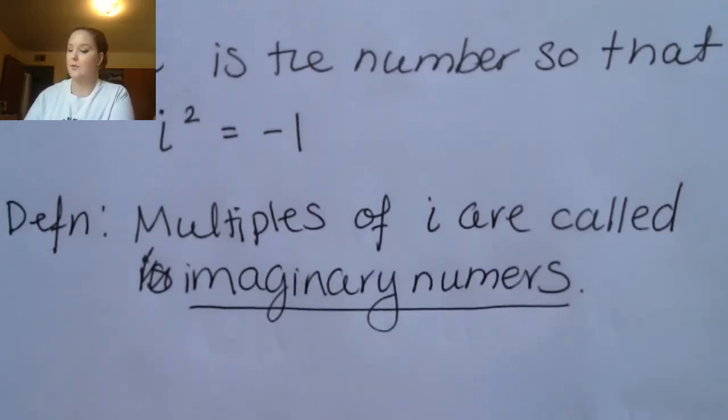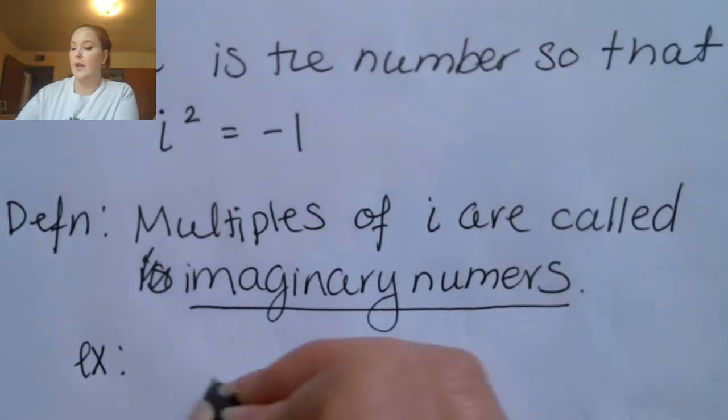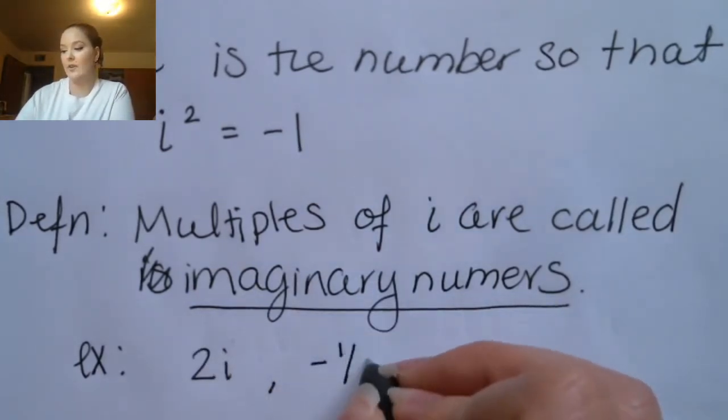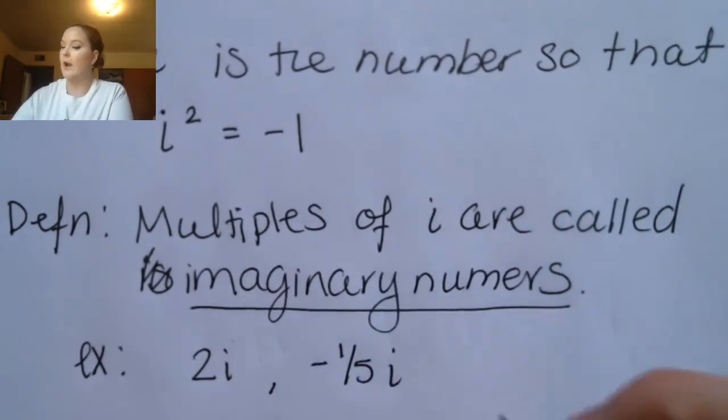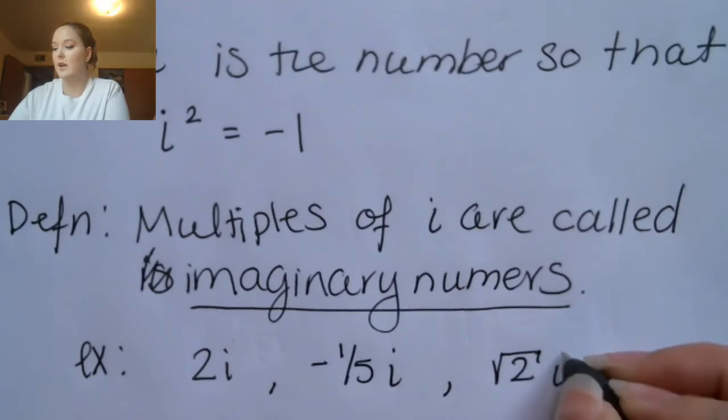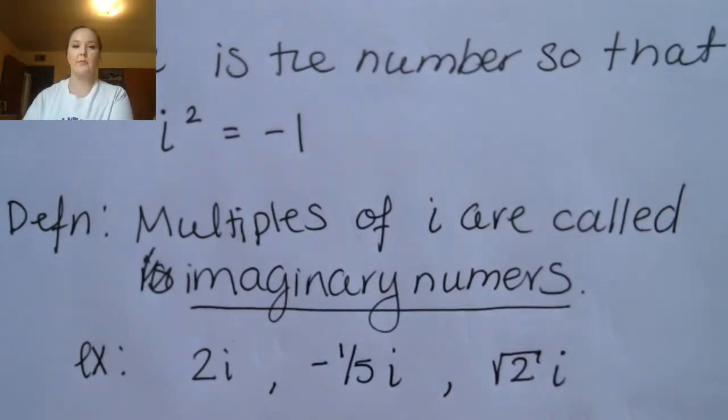Okay, so for example, we might have like 2i, okay, we might have -1/5 i, okay, we might have something like √2 times i, okay, these are all examples of imaginary numbers, okay.